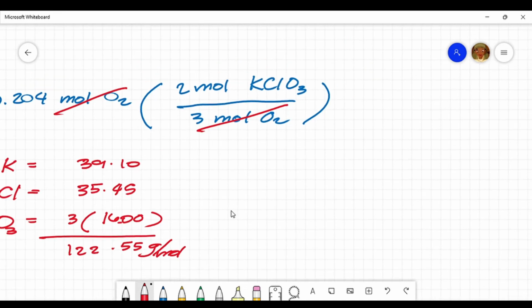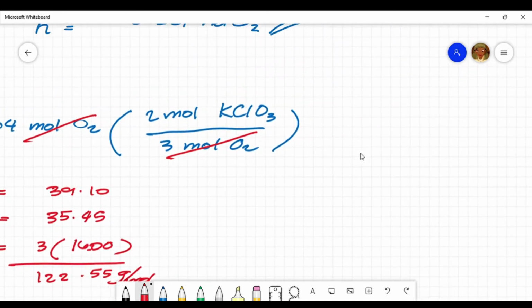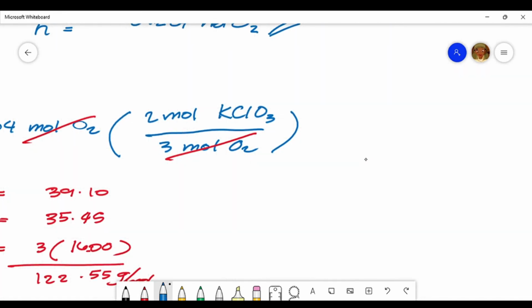So we interchange this one. The reciprocal is the same, since we're dealing with a ratio. It's 122.55 gram of KClO3.